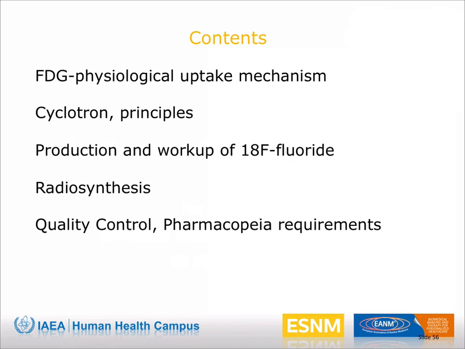The next point is the workup of cyclotron-produced fluorine-18 fluoride to make it suitable for the radiosynthesis of FDG. The radiosynthesis will be discussed in both theoretical and practical aspects. Finally, attention will be paid to the quality control of FDG in combination with the release criteria as formulated in the World Health Organization Pharmacopoeia.